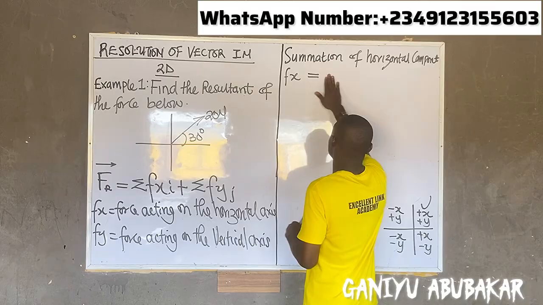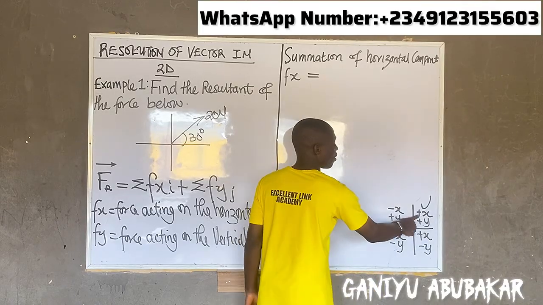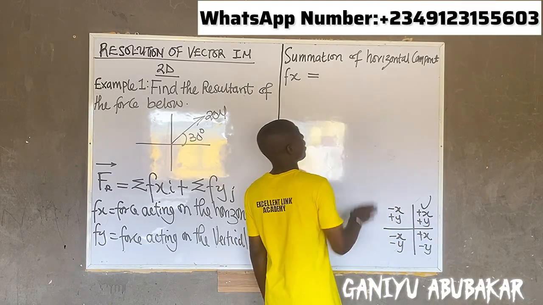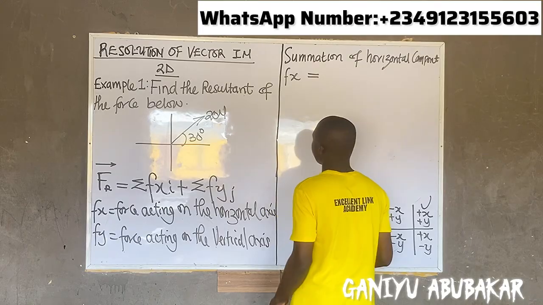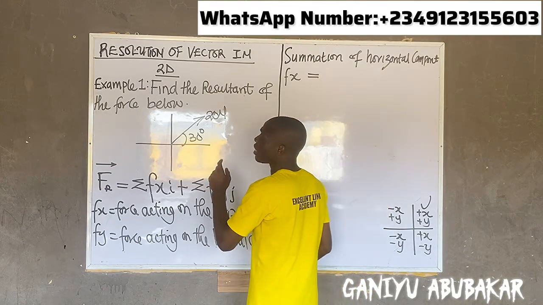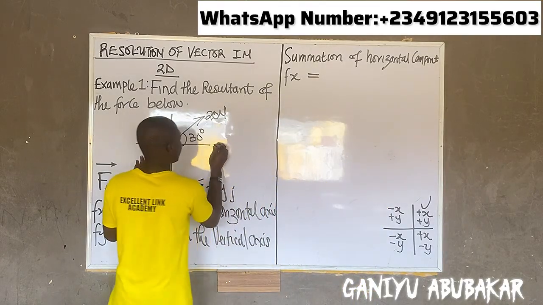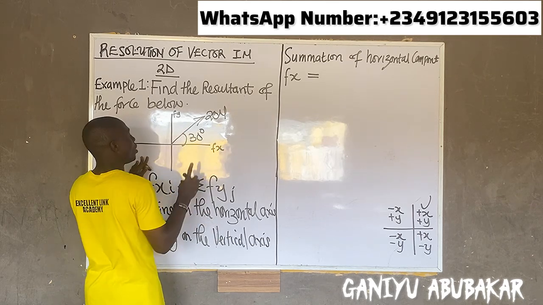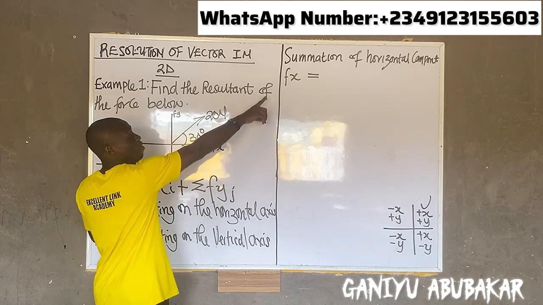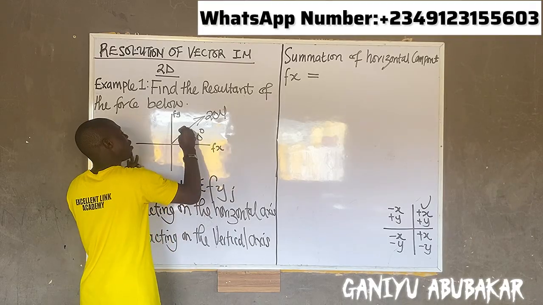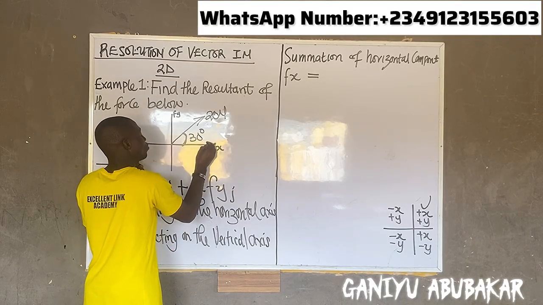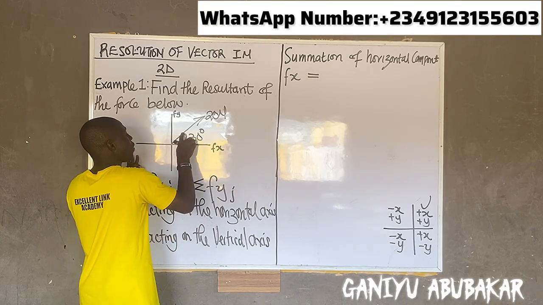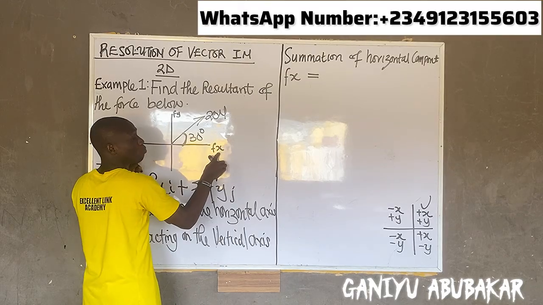We said the value should be positive because it is in the first quadrant. Observe that this part here is my Fx and here is my Fy. If I resolve Fx, we said the angle is lying on the horizontal, so this one becomes cos.